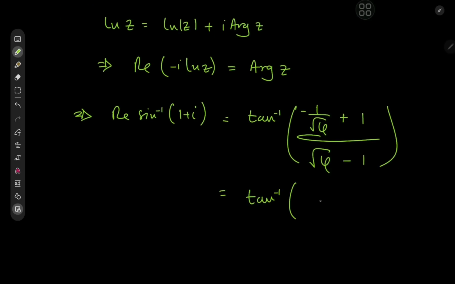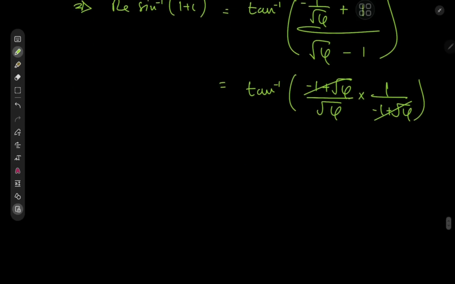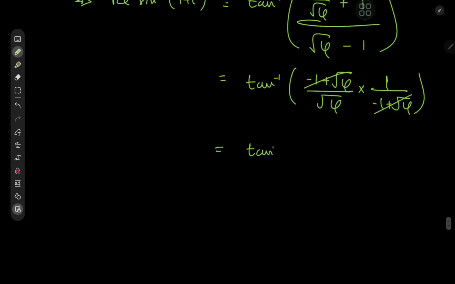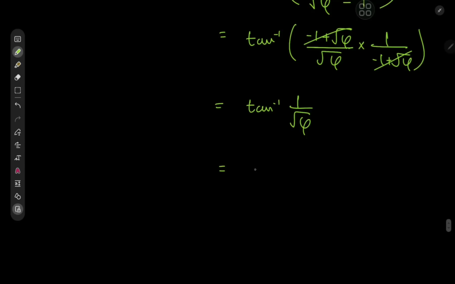We have inverse tangent of, on simplifying, -1 plus root phi divided by root phi times 1 by -1 plus root phi. Again, we have some lovely cancellation. So this thing equals the inverse tangent of 1 by root phi, which is, of course, the inverse cotangent of root phi.